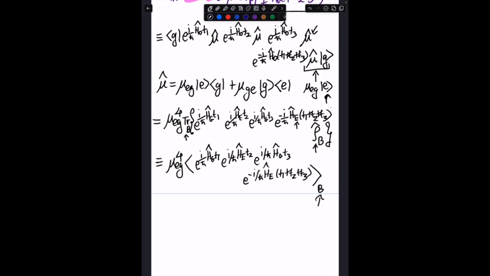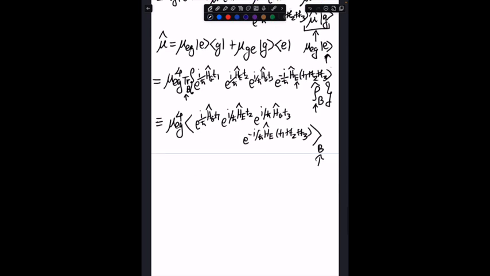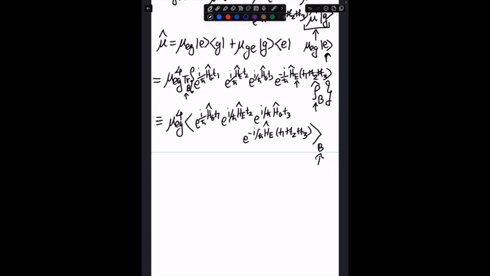So things are looking good as of now. And now we can put in the forms of the time propagator and time reversal operators as we had previously discussed. So this would just be H_B, right? And then this would contain two terms. So you have e^{iω_eg t2}, and then e^{iH_B t2/ħ}.